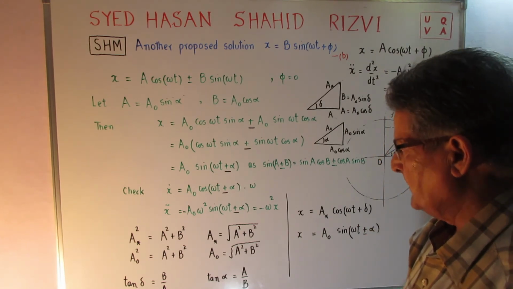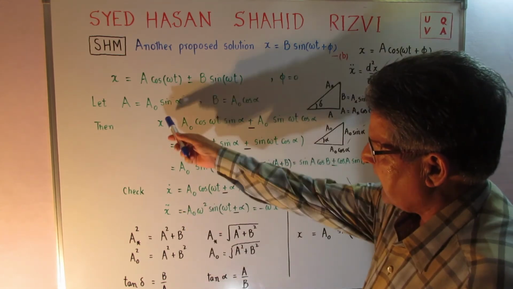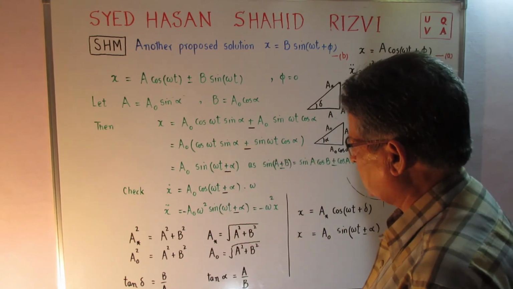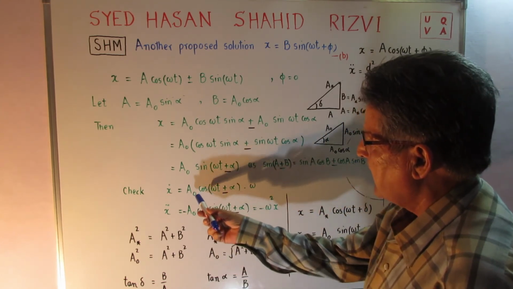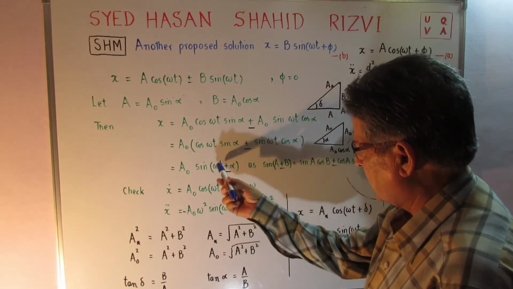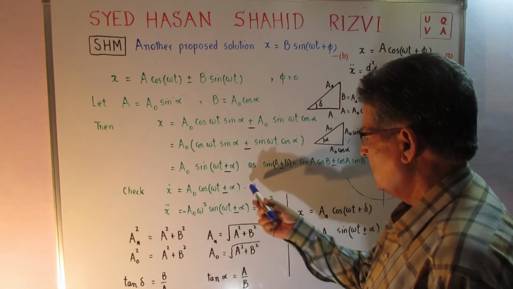Now let's check if this is a solution. So when I go from x to x dot and differentiate with respect to t, I get a naught omega cos of omega t plus minus alpha, because sine of omega t becomes cosine upon differentiation, multiplied by omega.